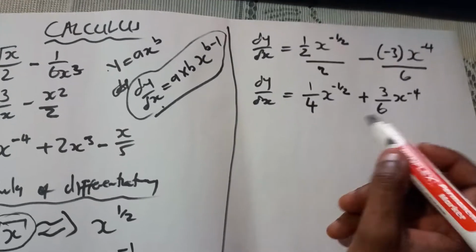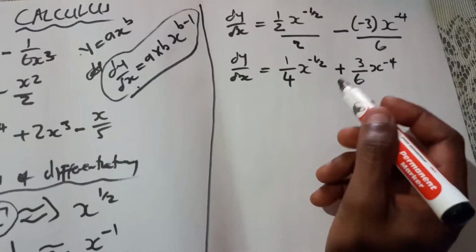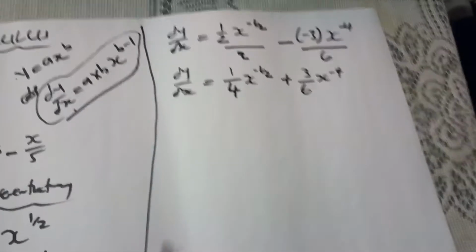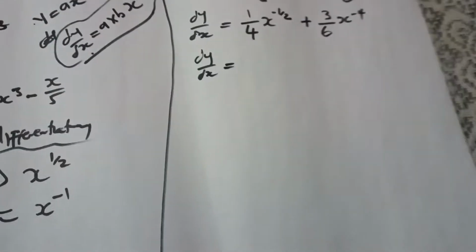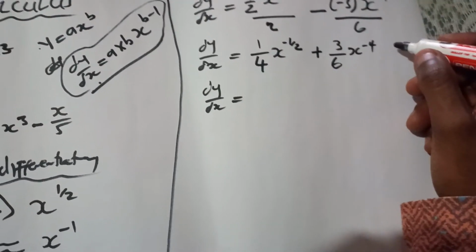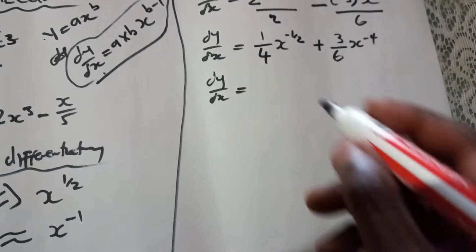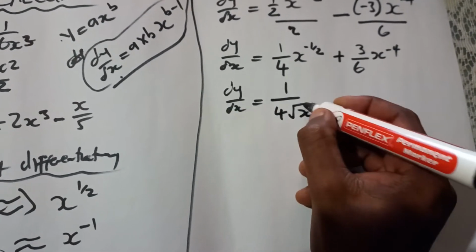You can leave the answer like this, but you can simplify it as well. Understand me? So let's simplify the answer to avoid any complications, unless you want to lose a mark with regards to CA, what's that in mathematics. So this is going to be 1 over 4 square root of x.